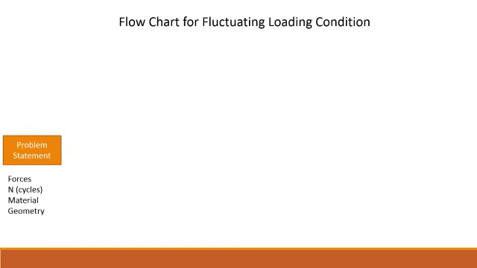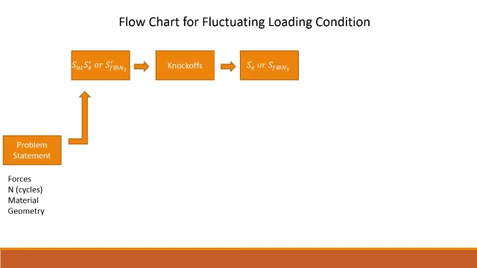Okay, so let's take a look now at this fluctuating loading condition as compared to the fully reversed loading condition. I still have a problem statement, still the same: forces, number of cycles, geometry, material, all of that's given. The top half remains identical. I'm going to find the strength for the number of cycles that I'm looking for, and so I'm still going to get my Sn out.